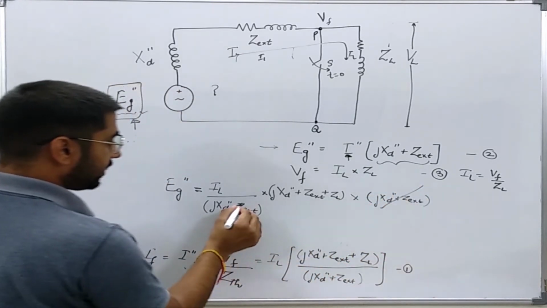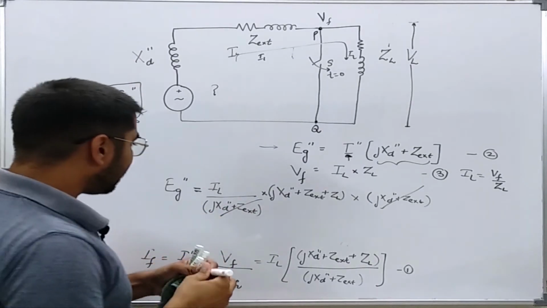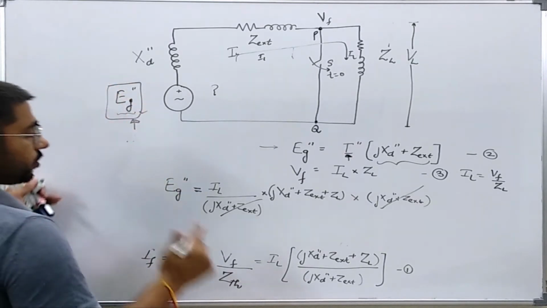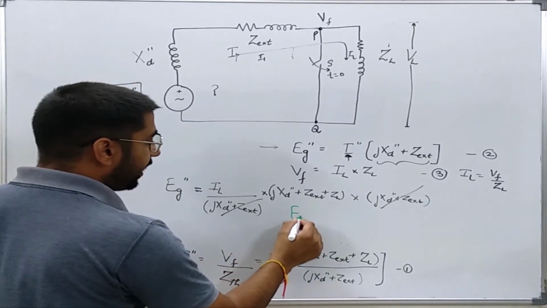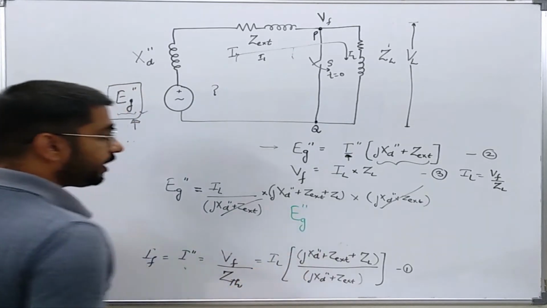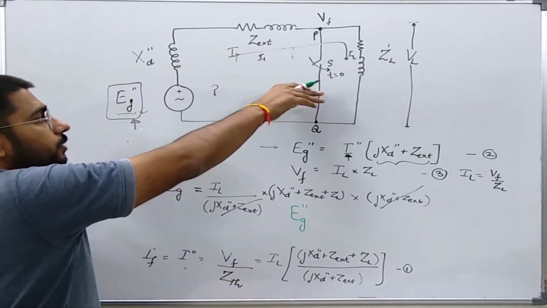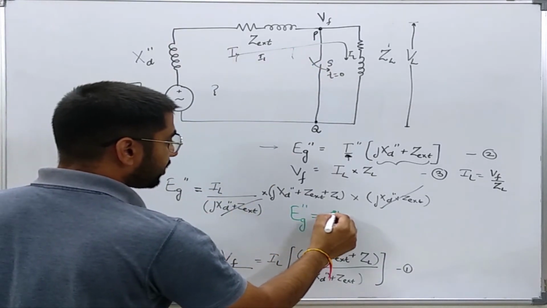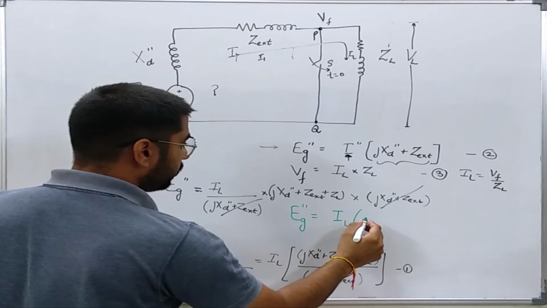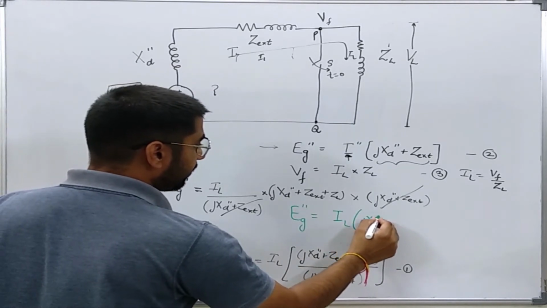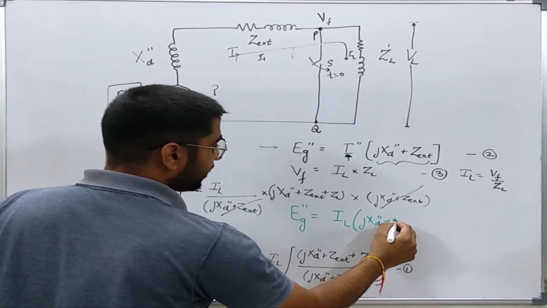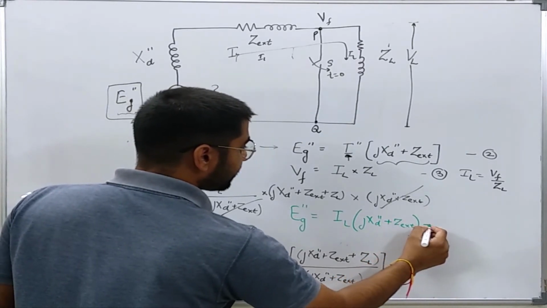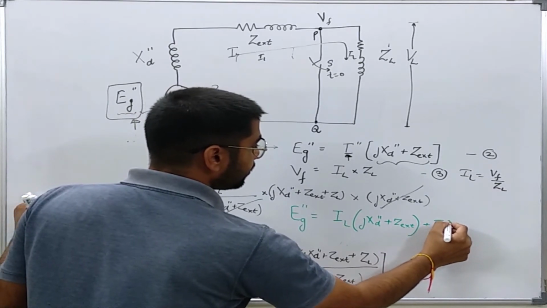Now this is cancelled. So you see that the value of the generated voltage or the equivalent voltage source can be written in terms of the load current which was going through the circuit before the fault occurred, just by this equation, IL into (JXD double prime plus Z external) plus IL ZL.